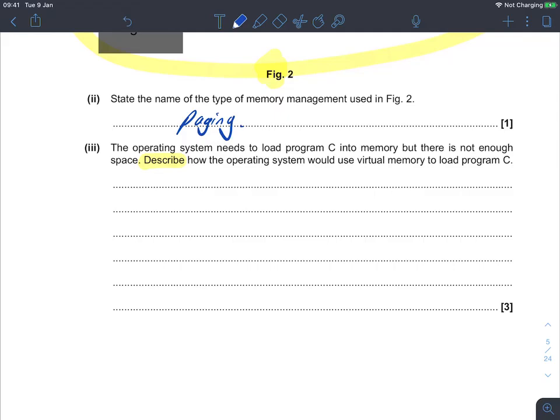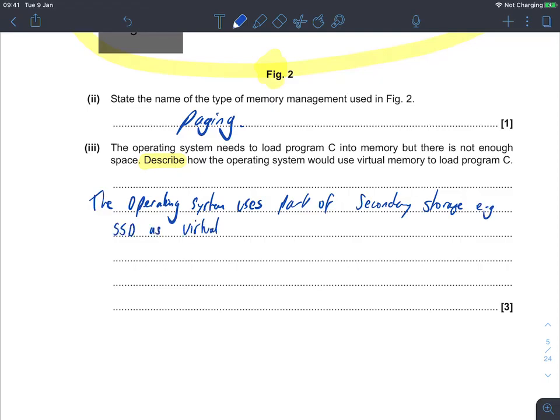So you want to make it clear of course that the operating system uses part of secondary storage, e.g. SSD, as virtual memory.